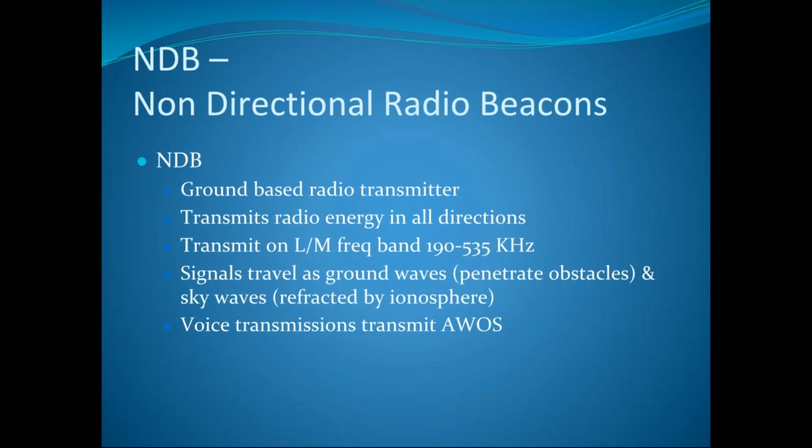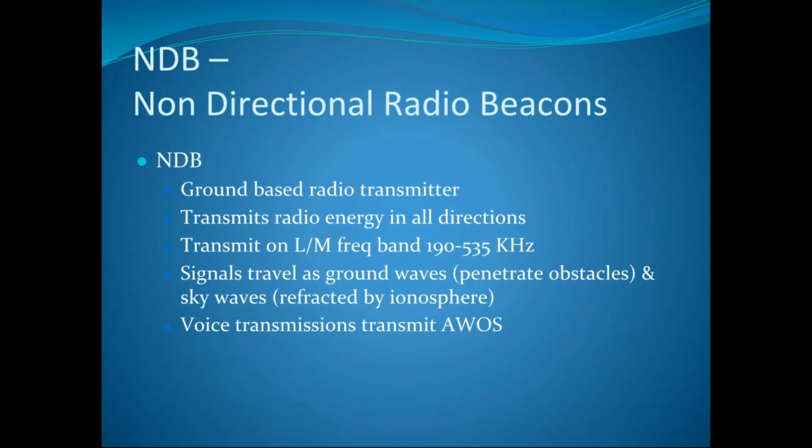That means that the signal travels low to the ground, and the lower the signal, the better penetration you have of obstacles. So buildings and stuff like that don't really interfere very well with NDBs. You can actually pick up NDBs from very long distances.